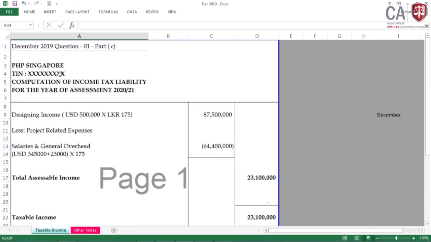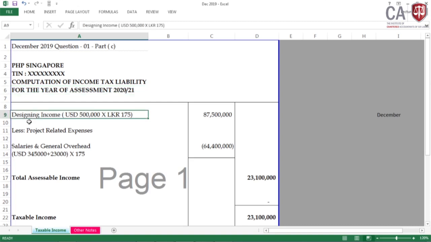This is the answer. This is December 2019 question 1 part C, PHP Singapore, TIN, it's 9 digits. Then computation of income tax liability of this non-resident person for the year of assessment 2021 on behalf of what? Only on the design in part, Lamai.